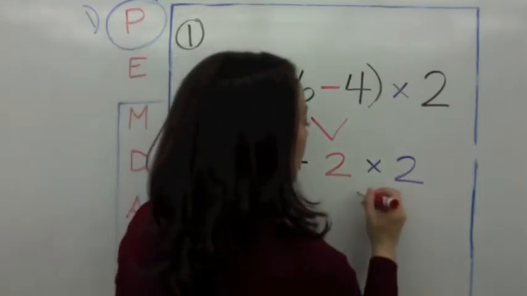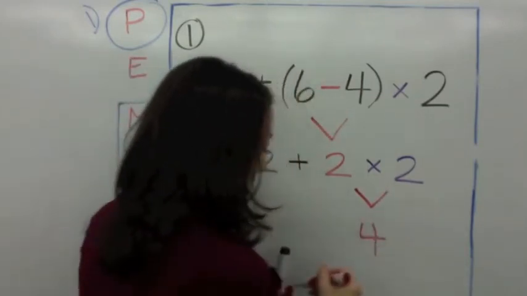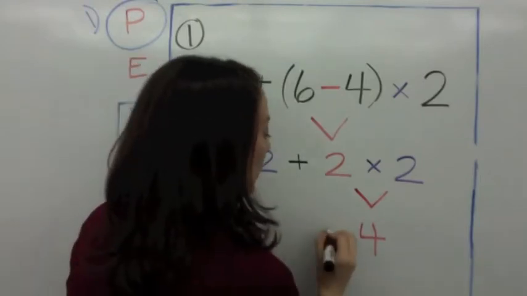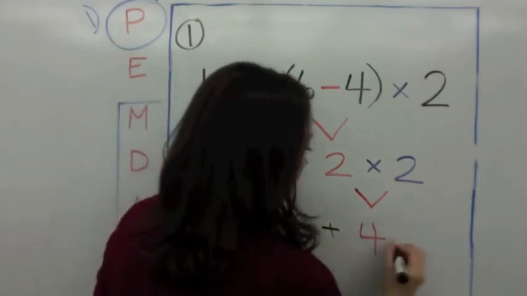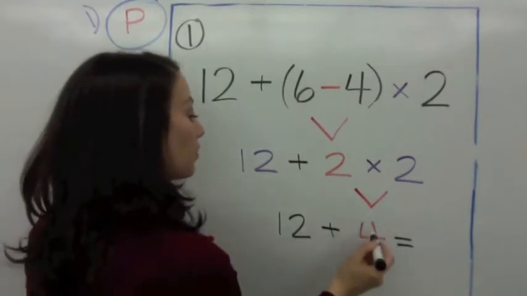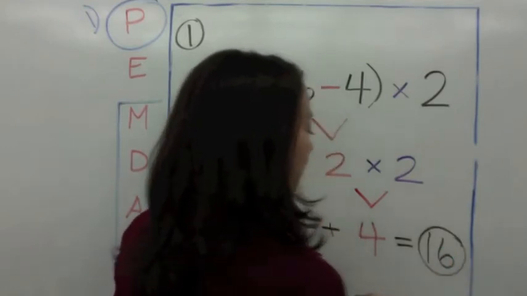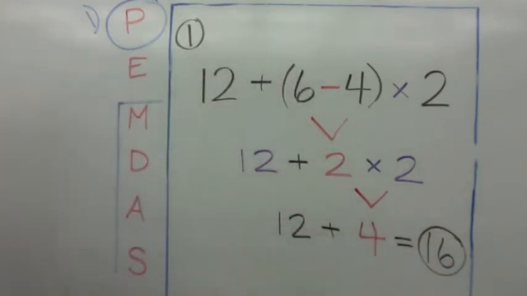What is 2 times 2? 2 times 2 is 4, and then you're going to be adding the 12. So at last, what is 12 plus 4? 12, 13, 14, 15, 16. So the answer to this is 16. Go ahead and get that down.